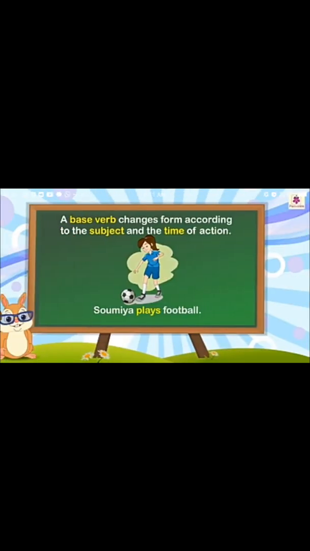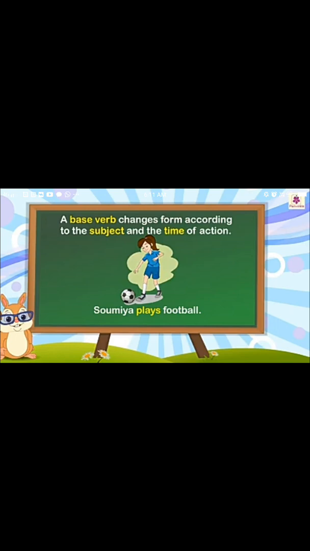Now see children, a base verb changes form according to the subject and time of action, which is related to your topic subject-verb agreement. Okay? As the base form of verb changes form according to the subject and time of the action. If the subject is singular, the verb will also be singular.